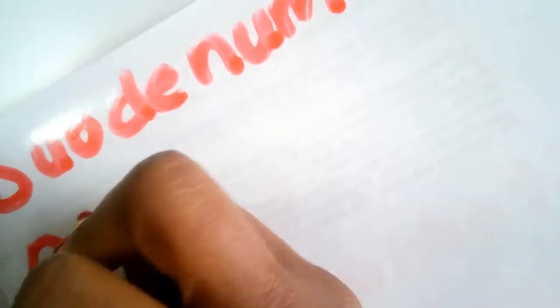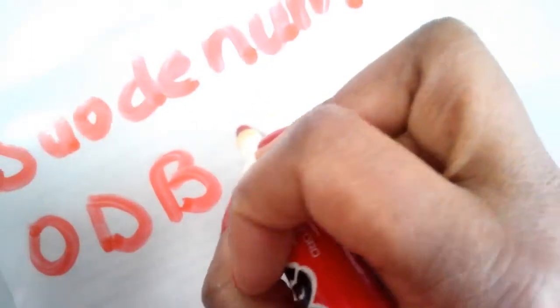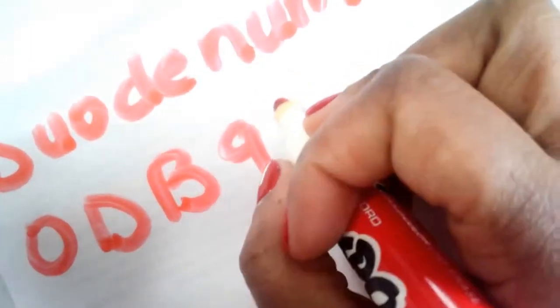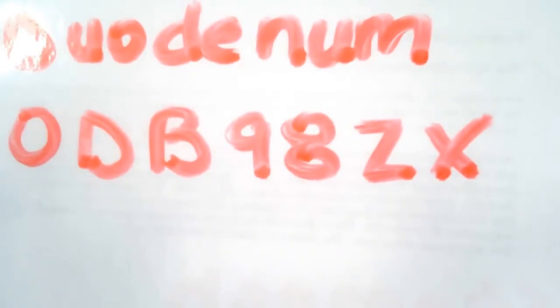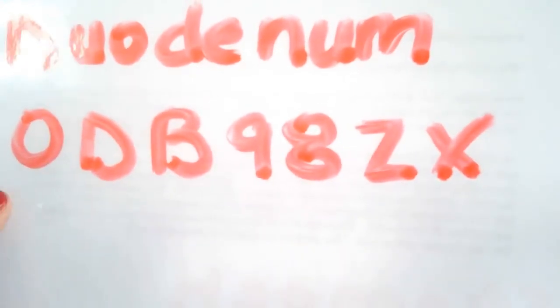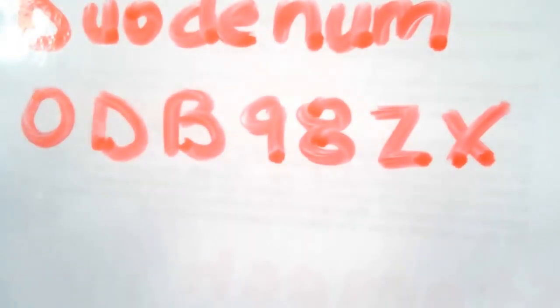Duodenum is 0DB98ZX. Notice how I'm using all capital letters. My first character is a 0. The letter O and I are not used in ICD-10 PCS coding. All right, so now put this to the side.